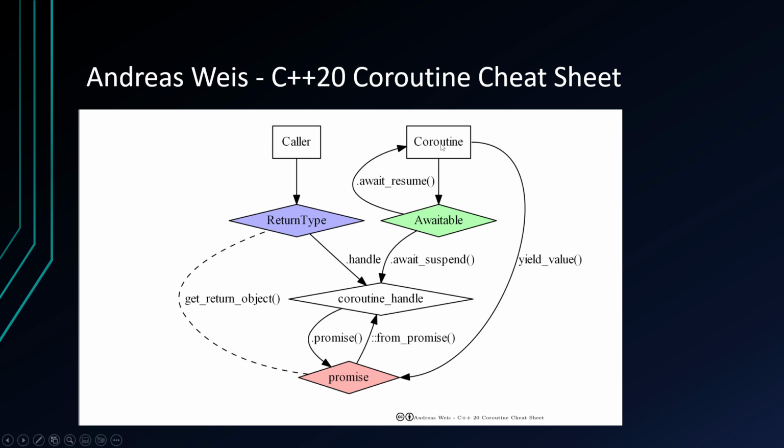In the coroutine, when co_yield is called, that ends up resulting in calling this function yield_value on the promise. And if the coroutine does co_await, it's waiting on an awaitable, and that awaitable interacts with the coroutine handle through await_suspend, or it comes back to the coroutine with await_resume.